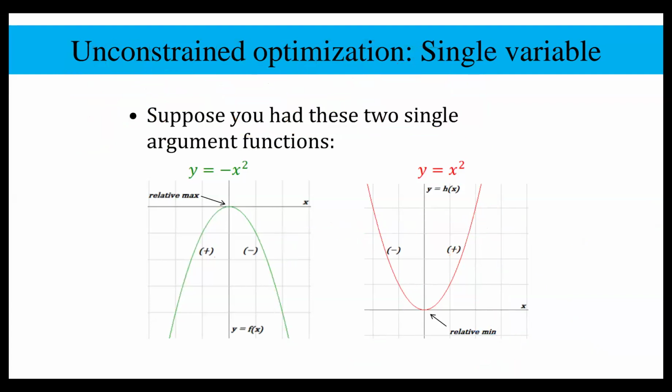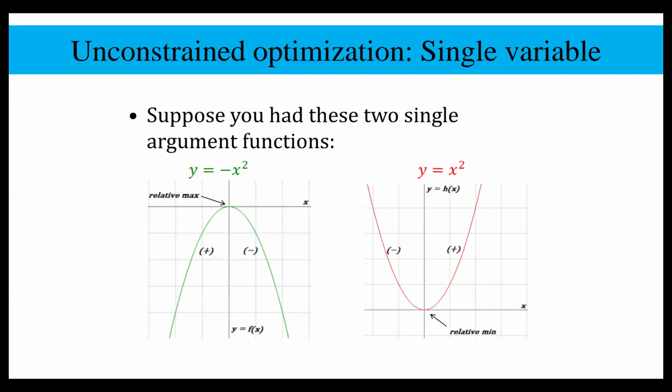But if this function is positive, it doesn't have a negative, then you have the minimum, because it will produce a U-shape if you graphed it. So the minimum value again will be 0. So this is a single unconstrained function.